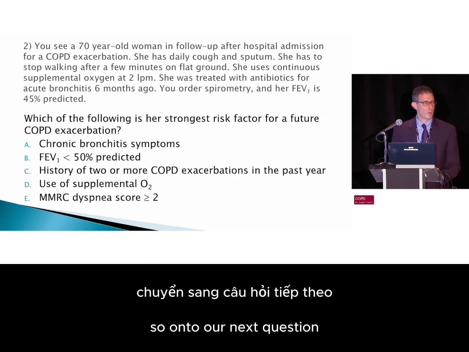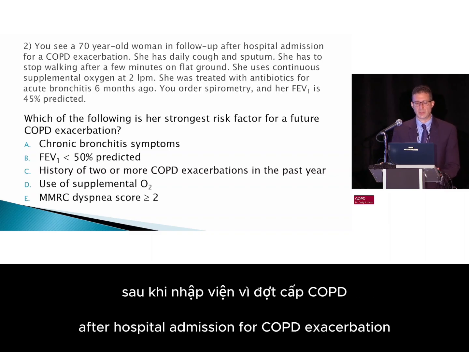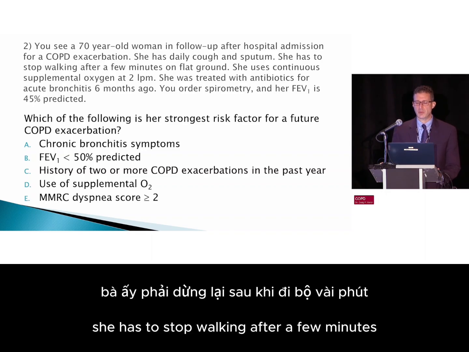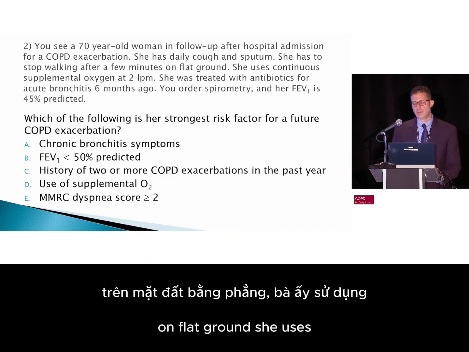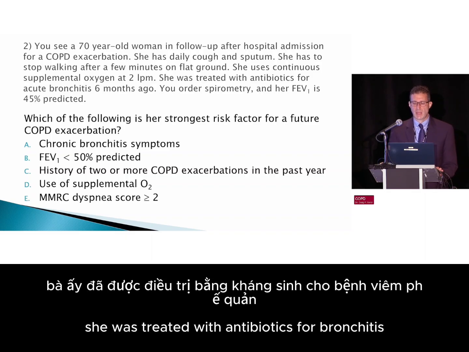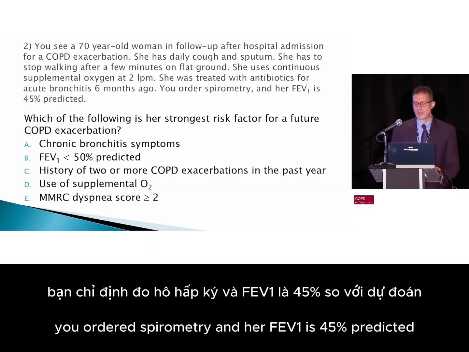So on to our next question. You see a 70-year-old woman in follow-up after hospital admission for COPD exacerbation. She has daily cough and sputum. She has to stop walking after a few minutes on flat ground. She uses continuous supplemental oxygen at 2 liters per minute. She was treated with antibiotics for bronchitis 6 months ago. You order spirometry, and her FEV1 is 45% predicted.